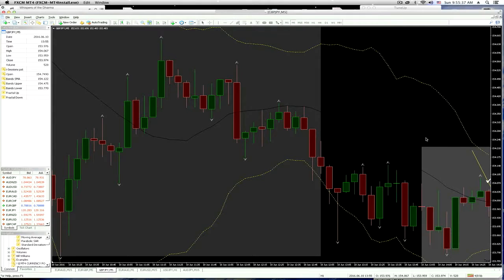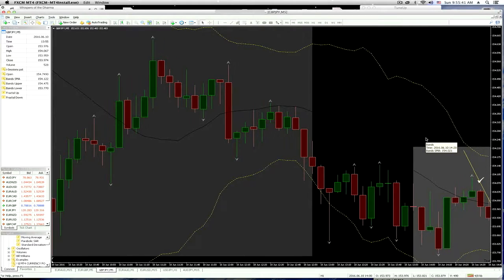My spread on the pound yen is about 3. Next candle, I think it drops enough. Let me see the low here, 96. So I'm in at 94. This low is 92. So I'm still with the spread, still at about roughly break even at the low of this candle.